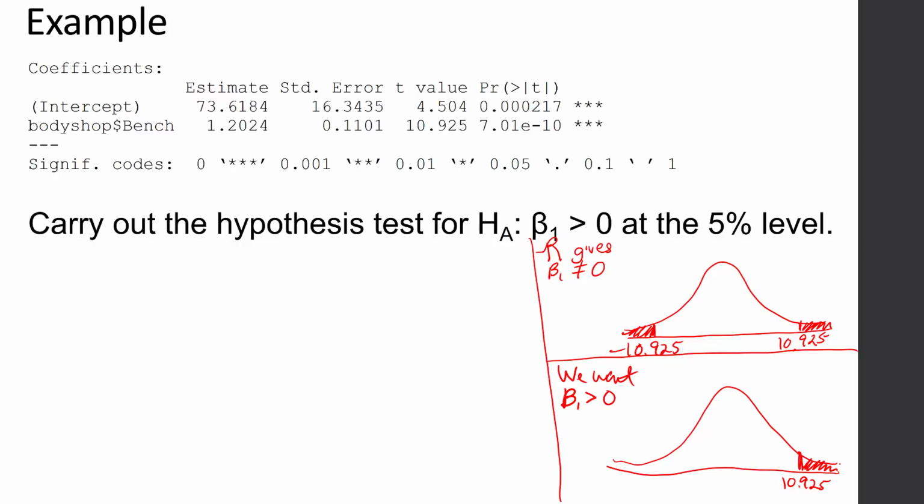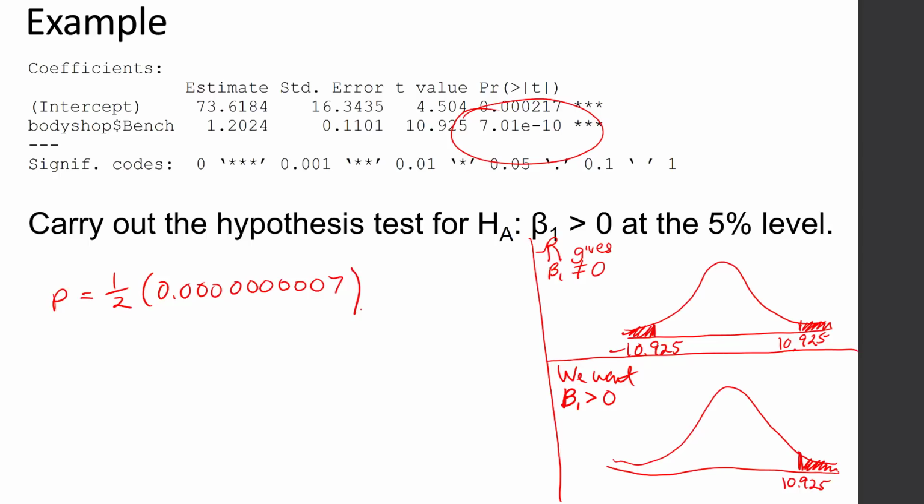Now we know how we can find that number. It's 1/2 of the p-value that's given for the two-sided test. So the p-value here is 1/2 of that really small number. And that's how you find the p-value for the directional alternative hypothesis.